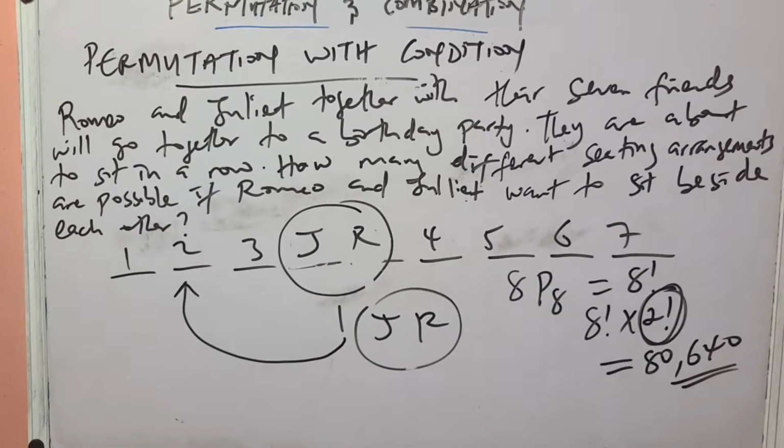In how many ways can you arrange this seating arrangement if Romeo and Juliet do not want to sit beside each other? Can anybody give me the answer to that?